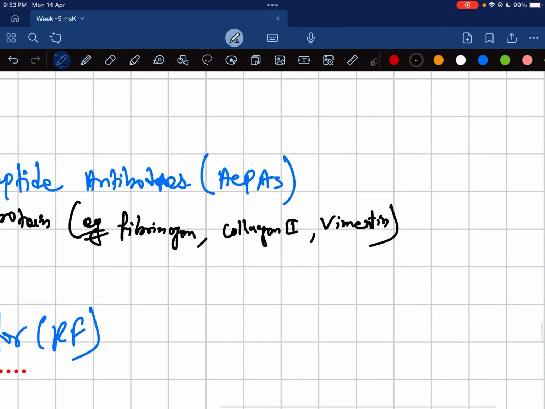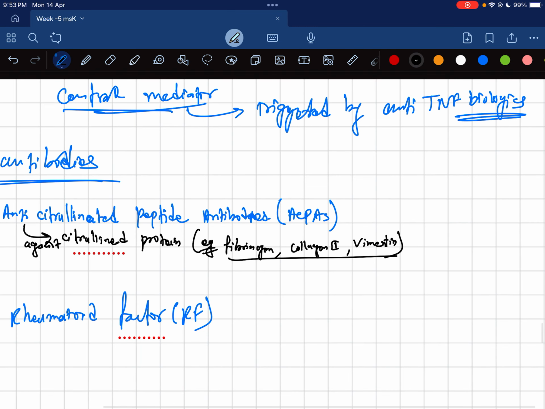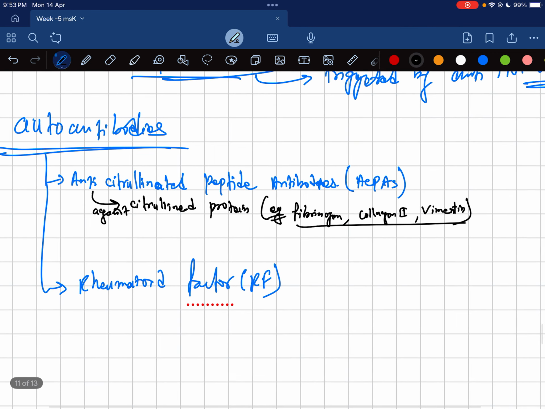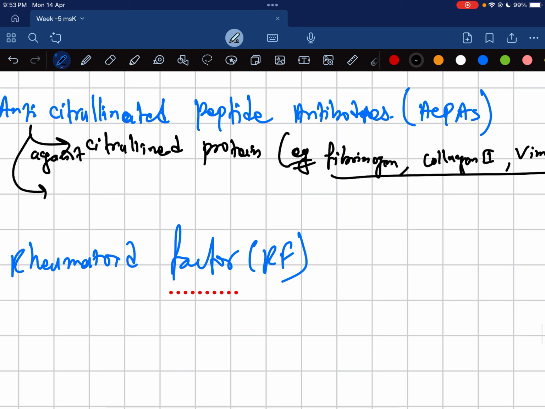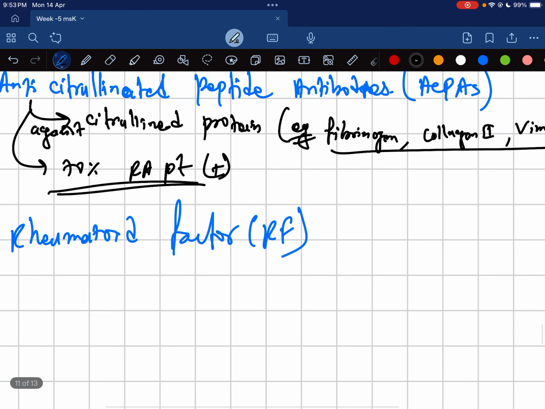These are proteins called citrullinated proteins, and against them there is formation of antibody. It is present in about 70% of rheumatoid arthritis patients.